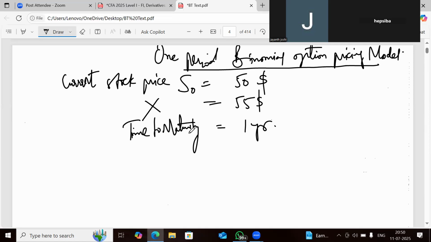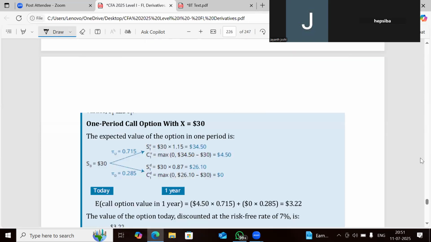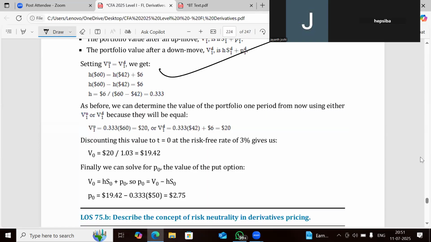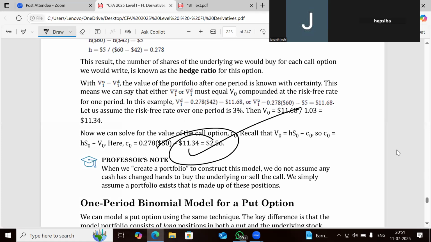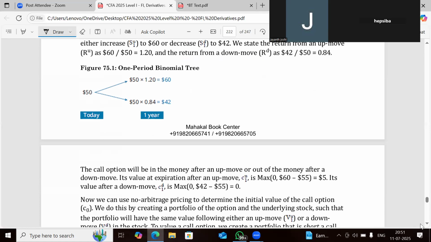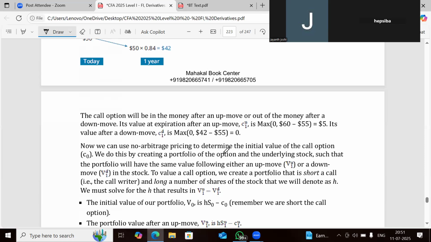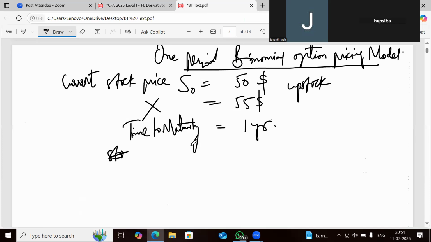We'll take the data from the text. So time to maturity is 1 year.